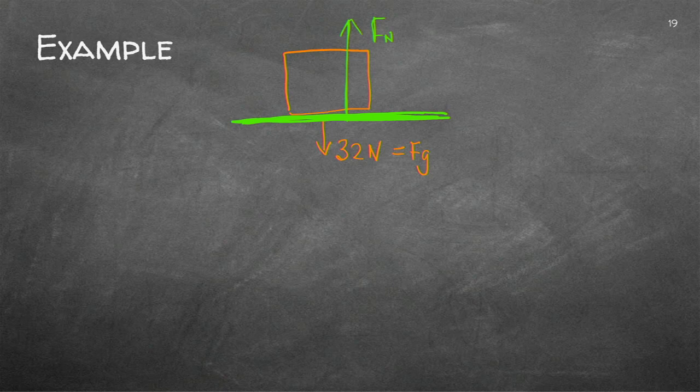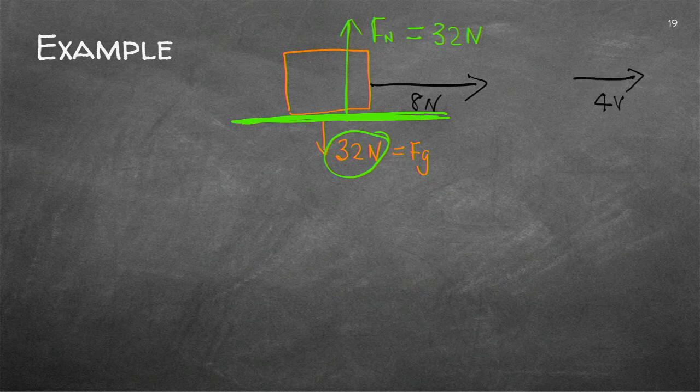Now, if this block is lying there, what will the normal force be? Well, it will be exactly the same as the downward force. So that will also be 32 newtons because it's just lying there. They said to me, you are pulling it with 8 newtons, and after it started moving, with 4 newtons. So this 8 newtons will be the static and the 4 will be the kinetic.